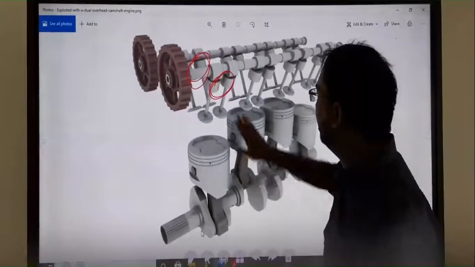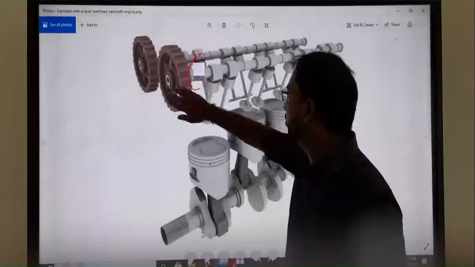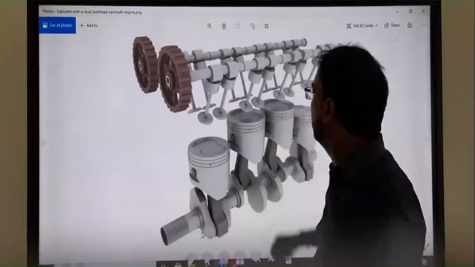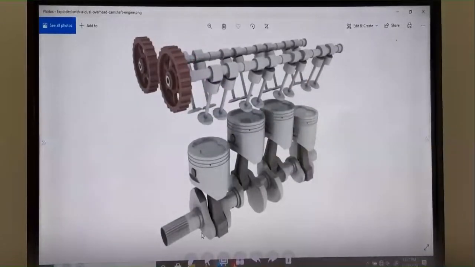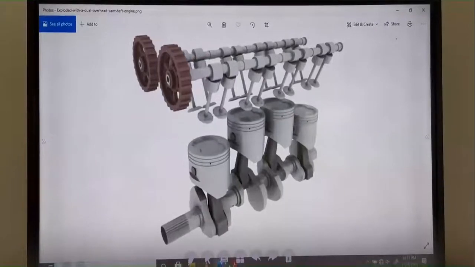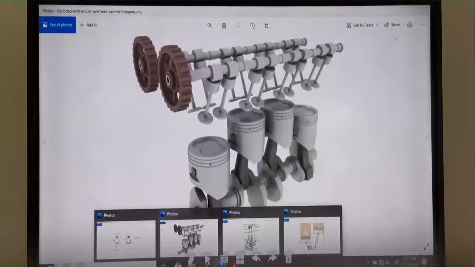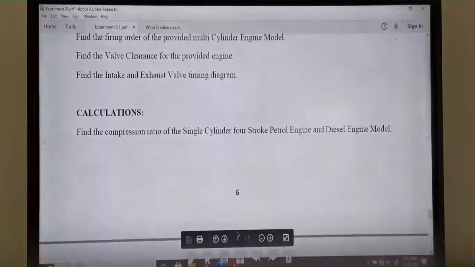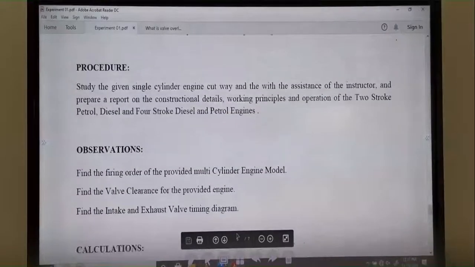So this is another type of the engine. So I think this is the end of this lab sheet. And I continue this experiment with the apparatus.